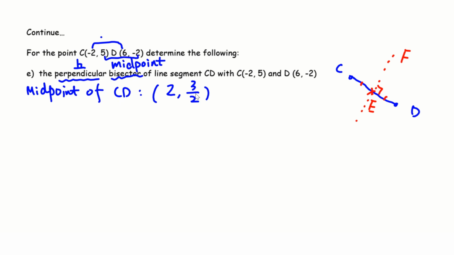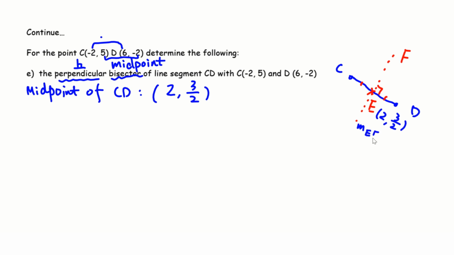After that, in order to find the equation of the perpendicular bisector, we have the point E. Then we want to find the slope of EF.